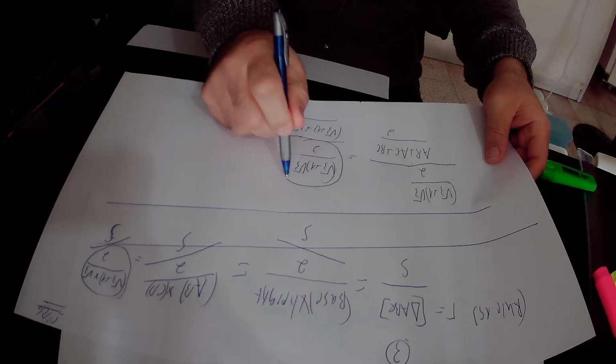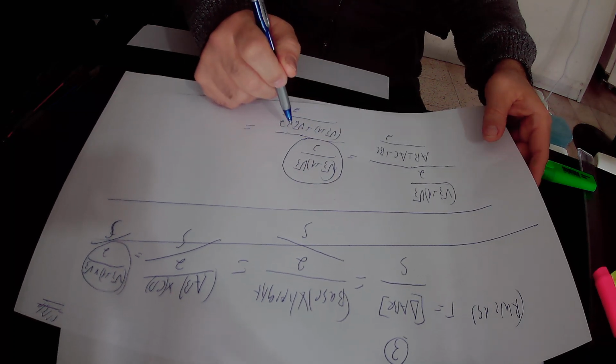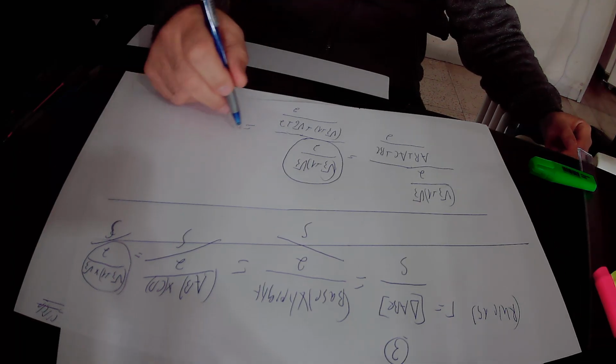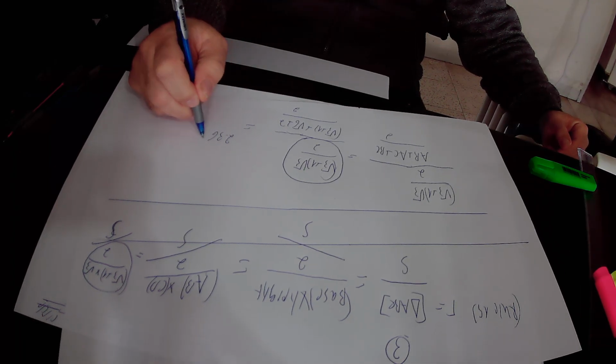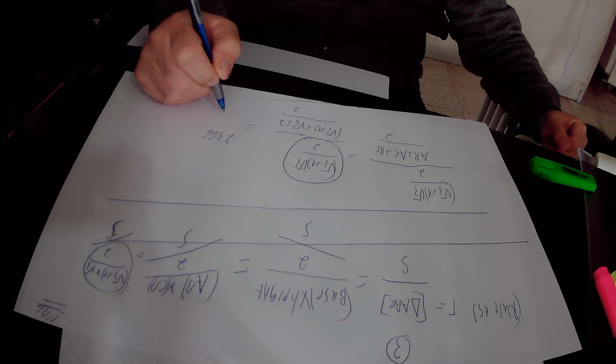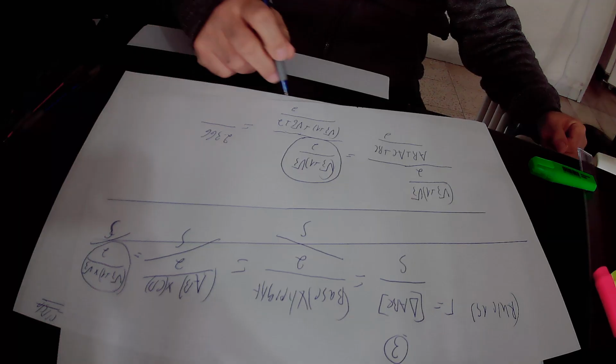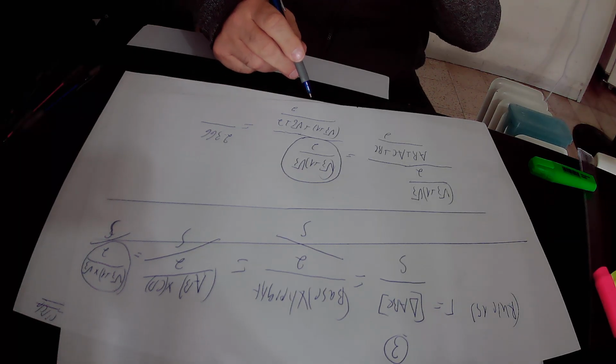So this expression is the area of triangle ABC, and the value of this expression is 2.366. That is to say, the area of triangle ABC equals 2.366 square units, divided by S, that is the semi-perimeter.